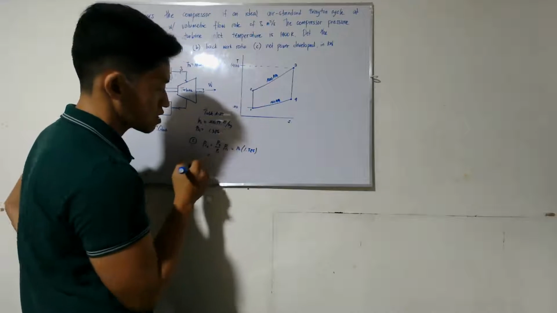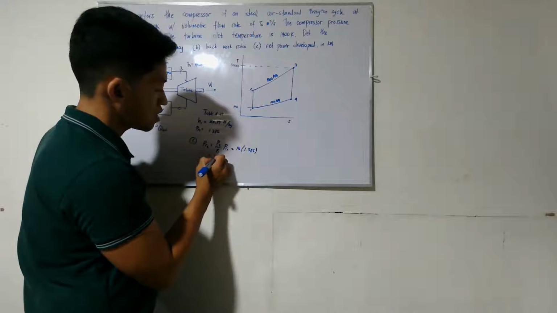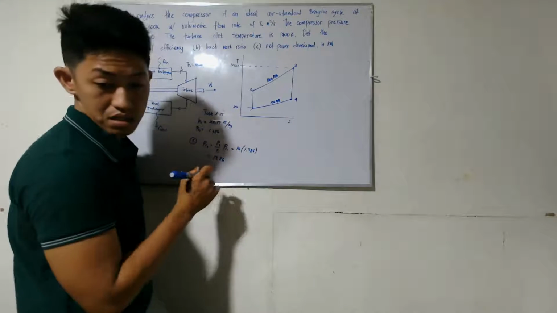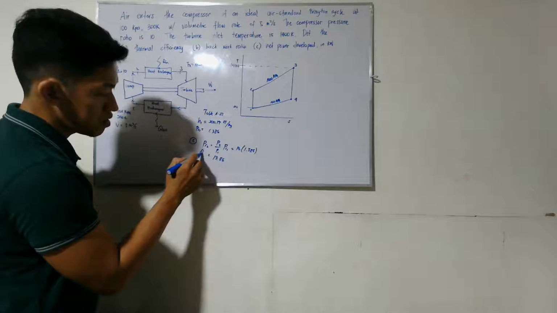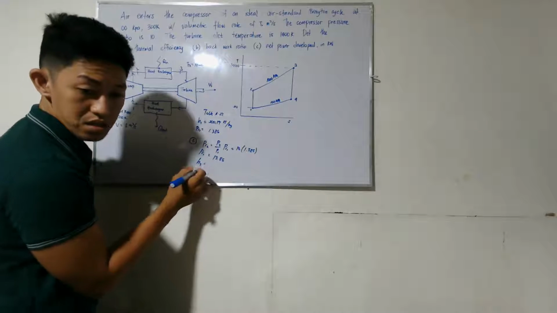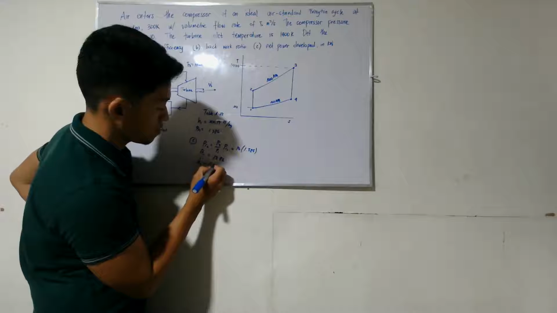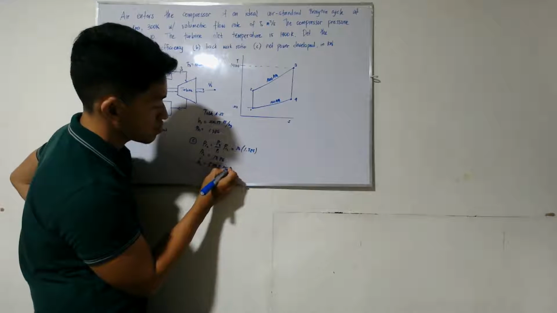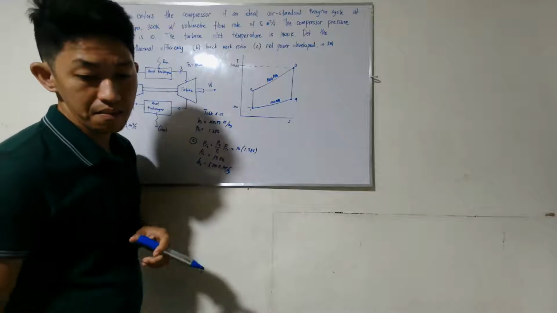This is just 13.86. So based on the table for pseudo-reduced pressure of 13.86, H2 is 579.9 kilojoule per kilogram.